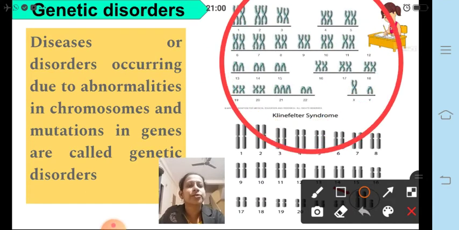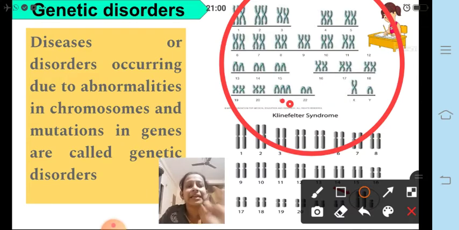In this, you always see a pair of chromosomes. But at this place, where I have placed a dot, you can see that there are 3 chromosomes. That means the number of chromosomes has increased, and therefore there is a problem.